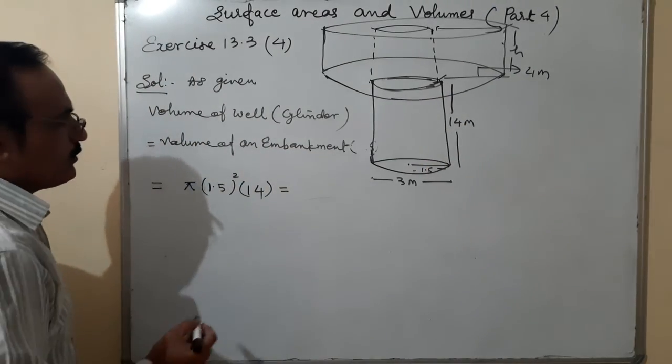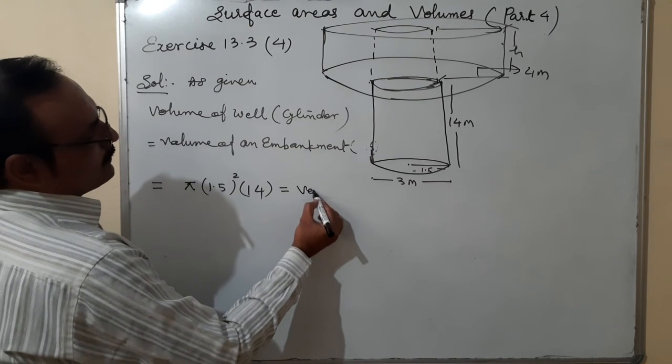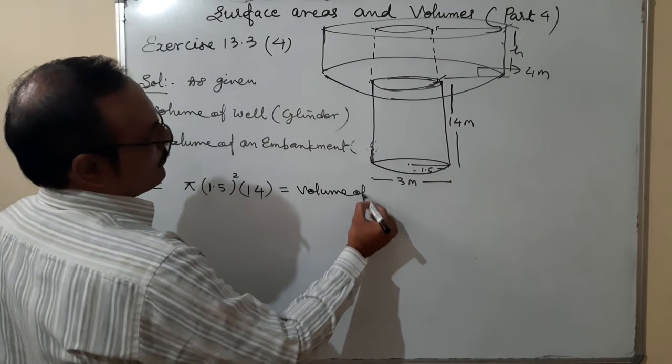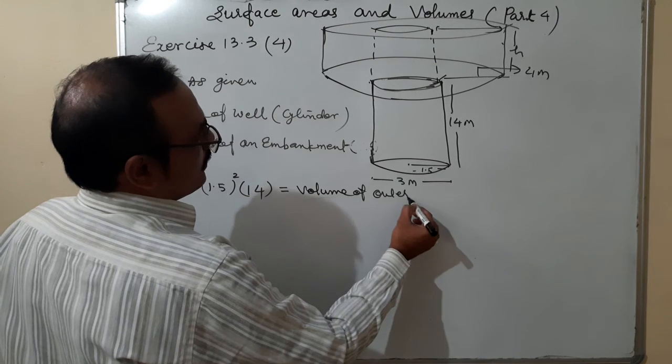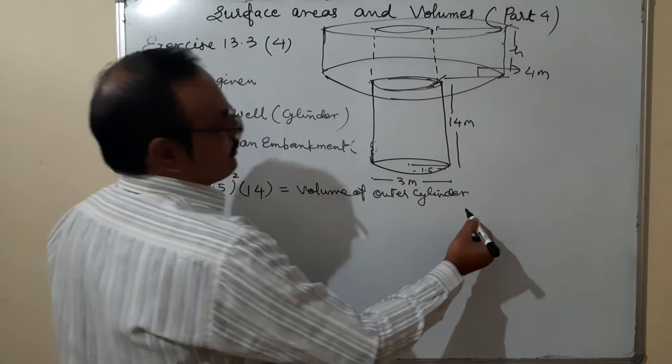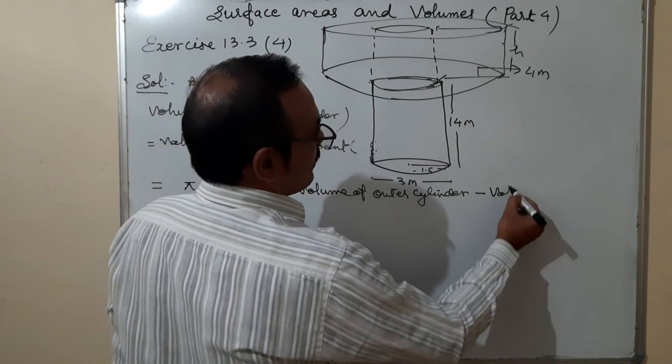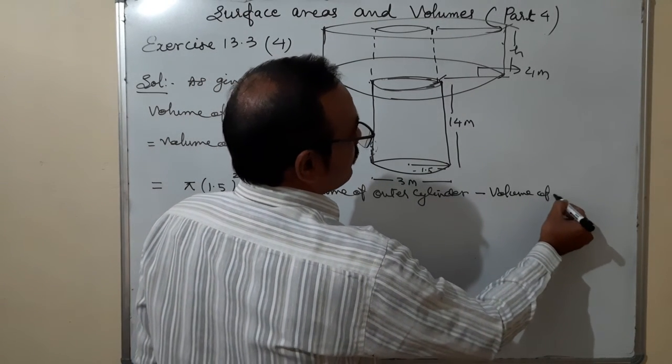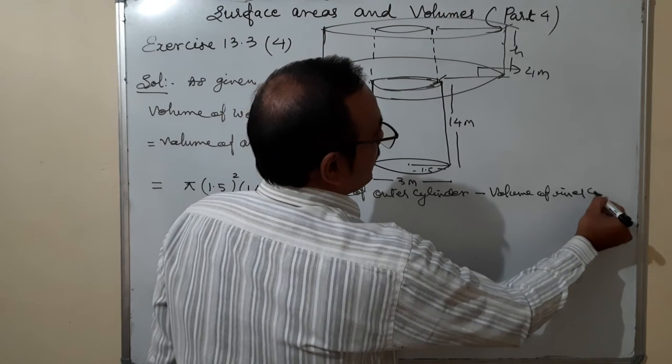So I'm writing here volume of outer cylinder minus volume of inner cylinder.